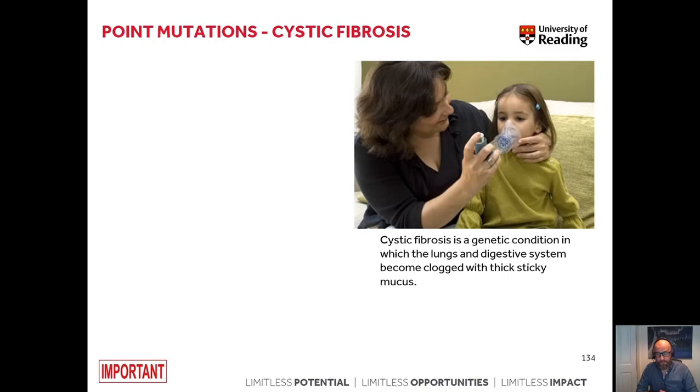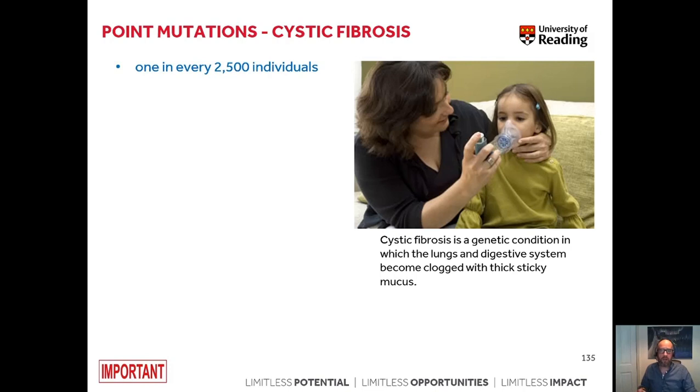Another example of a genetic disorder which is a result of point mutation is cystic fibrosis. Patients with cystic fibrosis have several symptoms affecting the lungs and digestive system because those organs become clogged with thick and very sticky mucus.